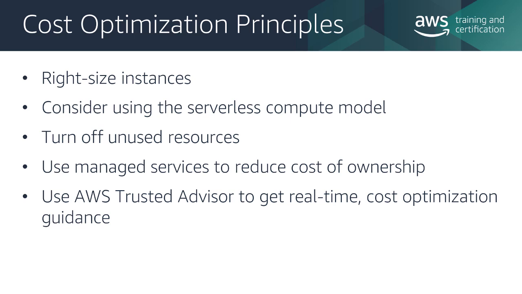Don't run the super jumbo instance when a small is going to do the job just fine. And in many cases, running many small instances, even though it might have the same capacity as one or two very large instances, you're going to be able to more optimize with the small ones because of the granular nature of the tasks. Turn off the lights, turn off your unused resources, use Trusted Advisor.